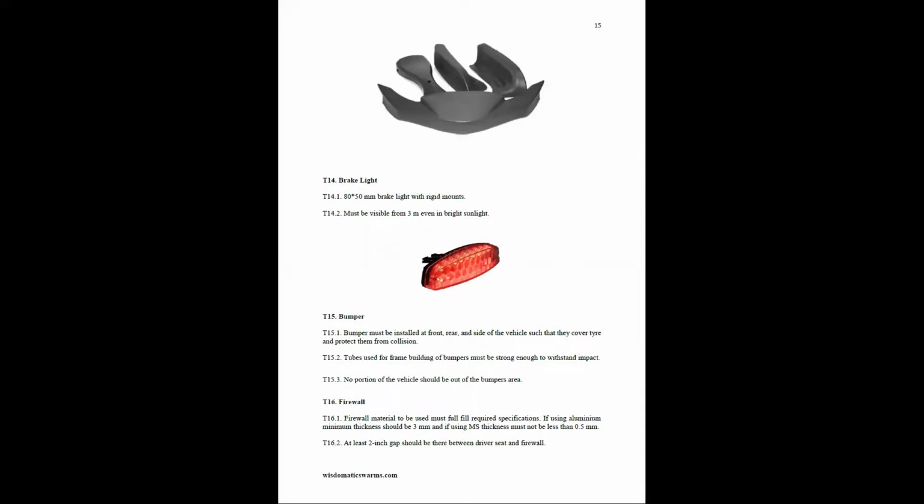Brake light should be visible from 3 meters. So you can use a bright red color brake light so that it will be visible in sunlight also. Bumpers, from front, rear, and side, will protect your chassis or your cart during a collision.